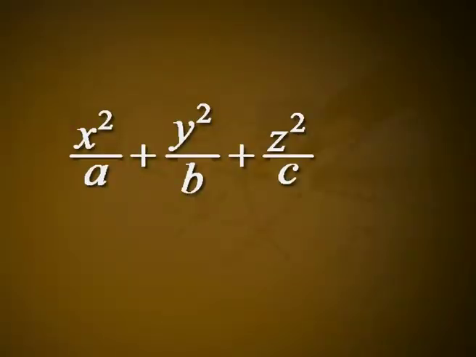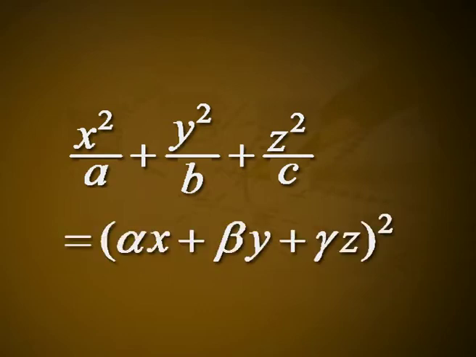Equation number 7. Its locus is obtained by eliminating l, m, n between 6 and 7 and is x square by a plus y square by b plus z square by c is equal to alpha x plus beta y plus gamma z whole square.